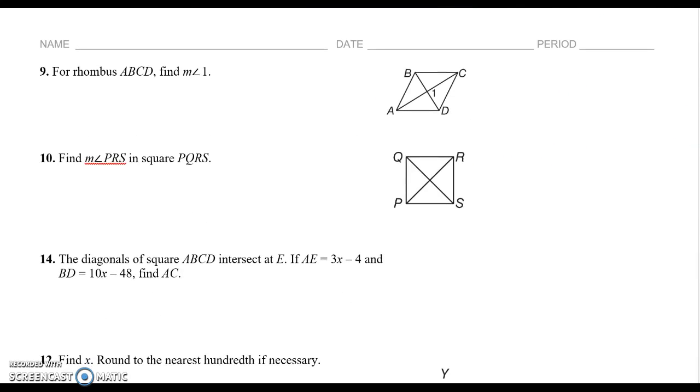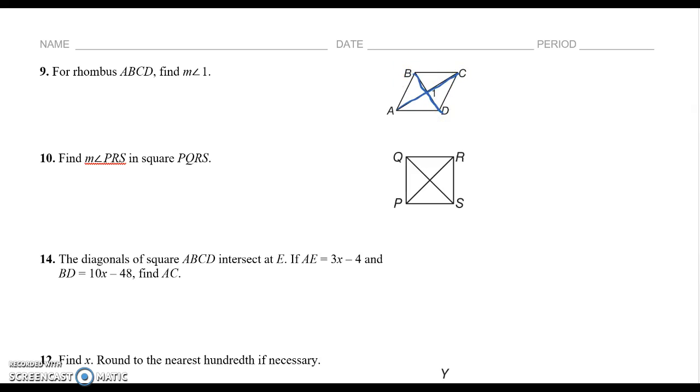Alright, so number 9. Number 9 is straightforward. It's just with our properties. We're told that for rhombus ABCD, so this is a rhombus, find the measure of angle 1. But we know in a rhombus, our diagonals are always perpendicular.